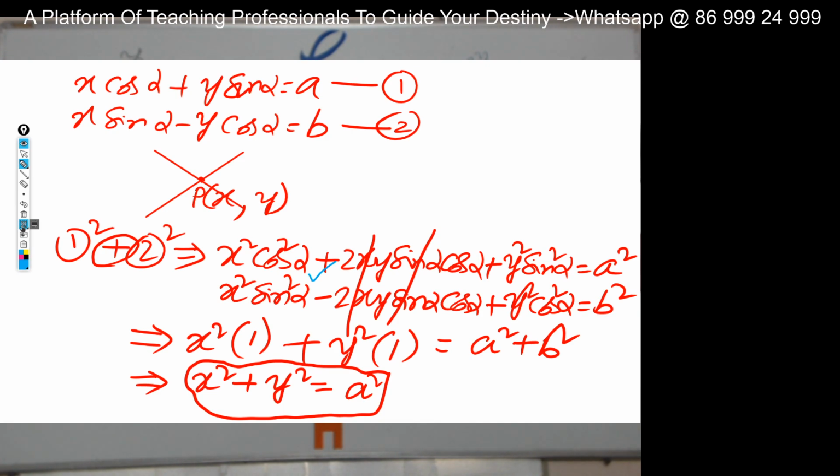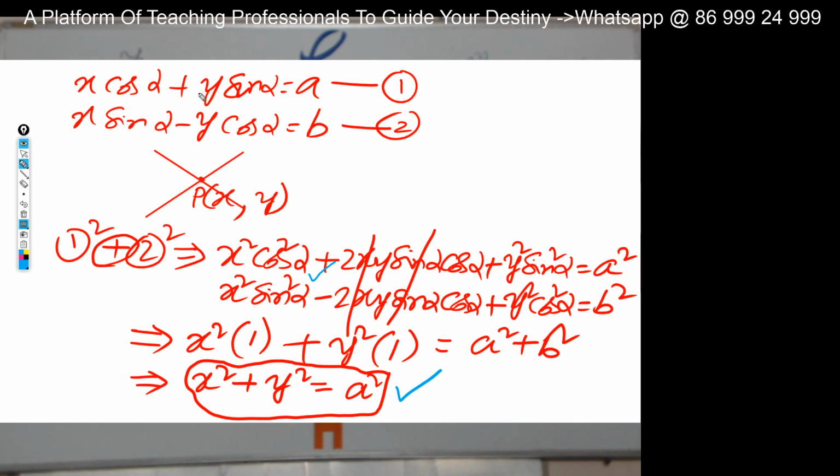What Ravi Babu sir is saying here is the reason why you eliminate alpha: because the locus equation is always in x and y. We start the problem with P of xy, so eliminating the parameter is the concept. That means finally you are getting the Cartesian form, x square plus y square equal to a square plus b square.